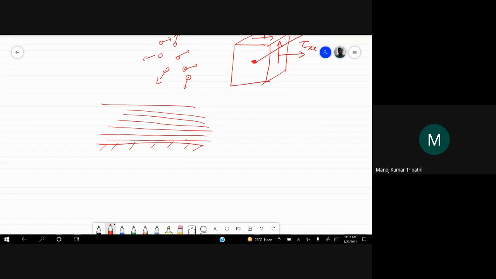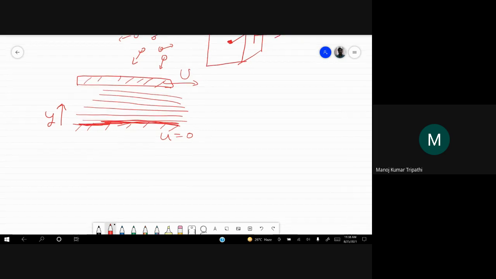So taking that example of a plate on top, which is moving with velocity u, and the bottom plate is fixed, it has velocity 0. And we also said that the fluid that is touching the surface, exactly touching the surface at y equal to 0, that has velocity 0.